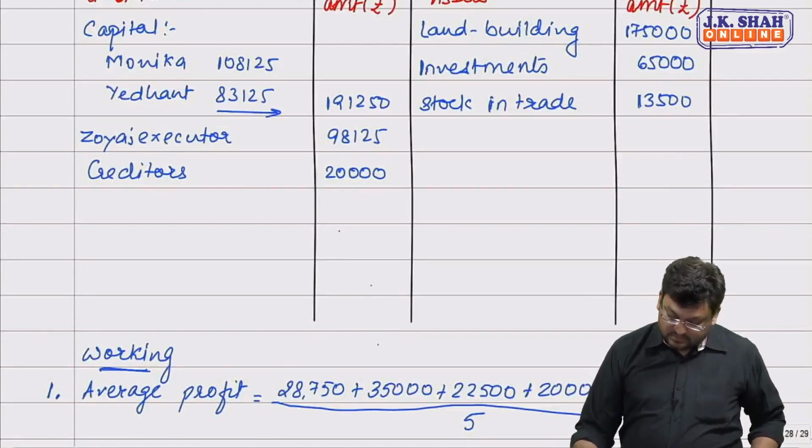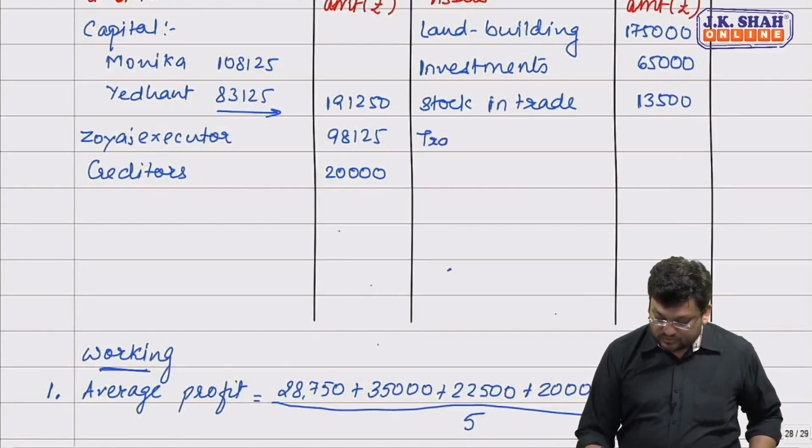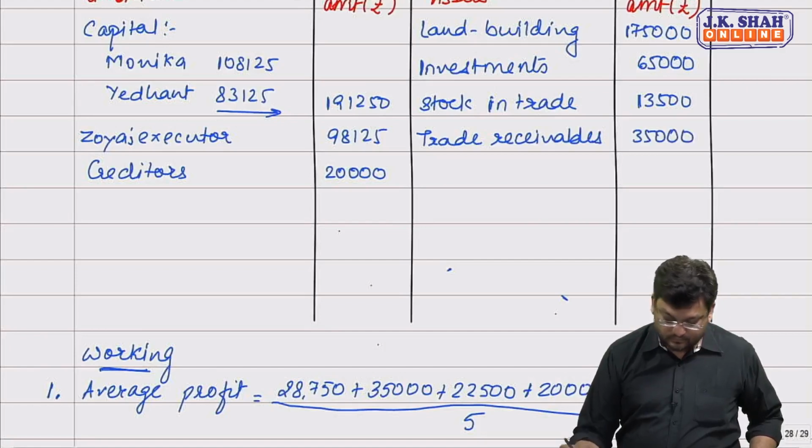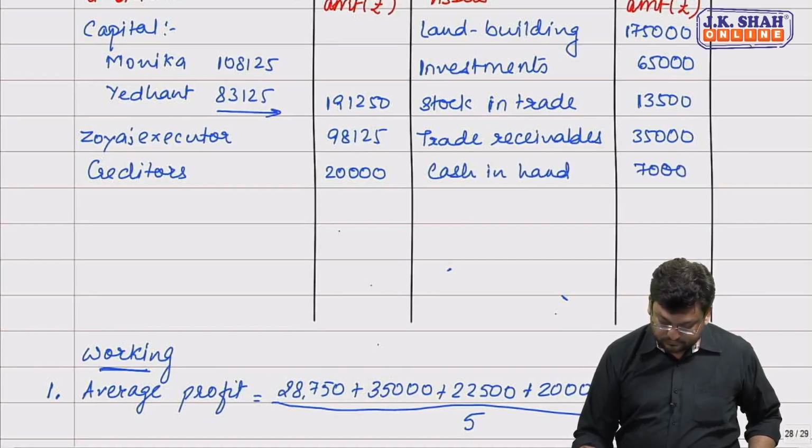Trade receivables 35,000. Provision is closed. Cash in hand 7,000. Cash in bank 12,000.